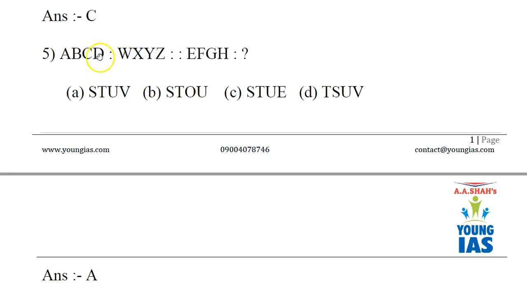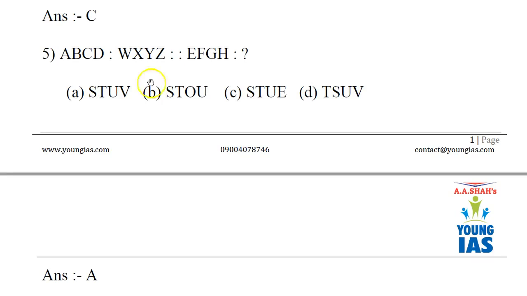C and X. C is the third letter and X is the third last letter. Same thing with D and W, fourth and fourth last. And then you have E, F, G, H here. Now the same pattern, we have to take the remaining 4 alphabets from the back here. That's why if you do it this way, you get the answer as STUV because they are the opposite letters.